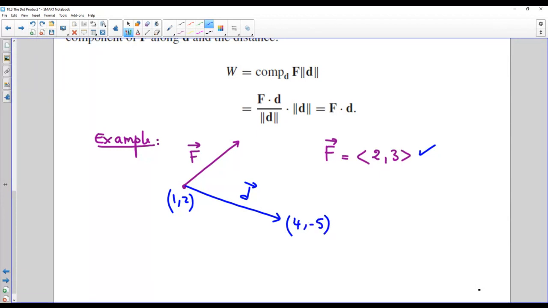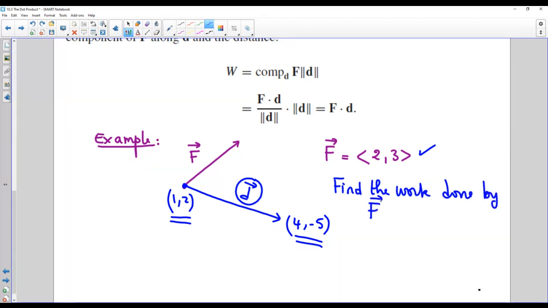So you're using a force F to pull something in the direction of D. The force F is 2, 3, and D is given as the vector from this point to this point. What is the work of this force F? Find the work done by the force F.